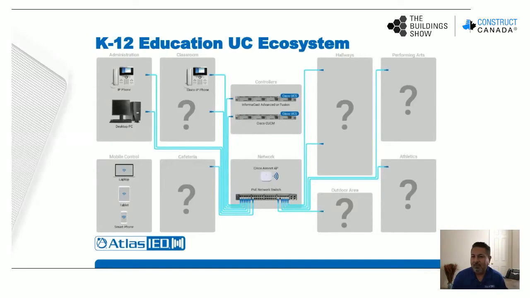Some of the other spaces that you see in this diagram that could be in question would be outside. There are not a lot of network devices that can be placed outside, for a number of reasons: noise levels, weather conditions, or even a space like athletics.